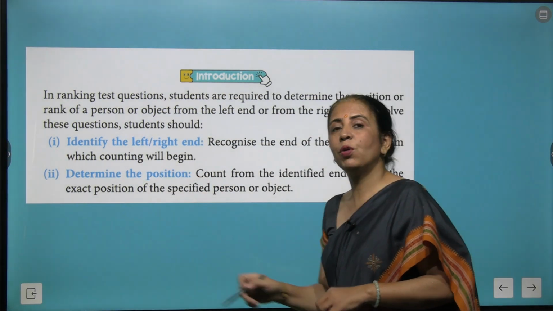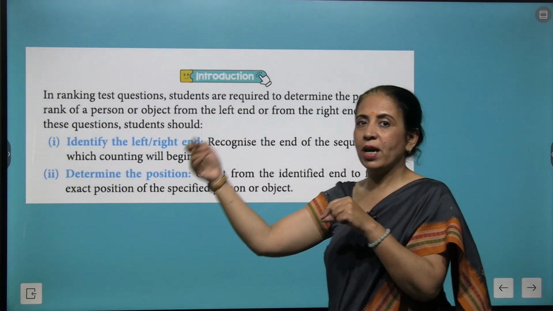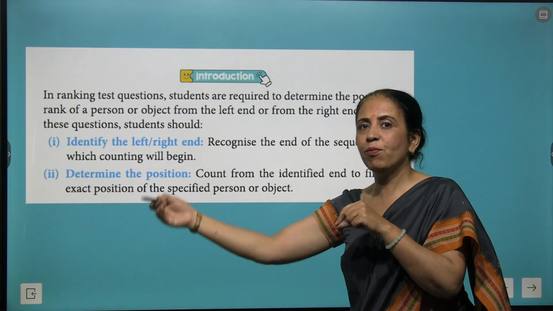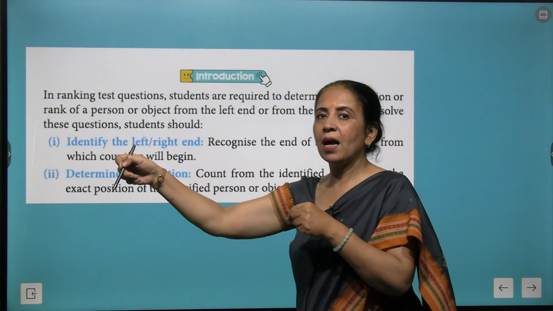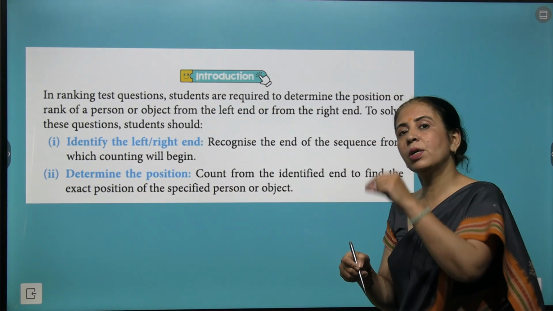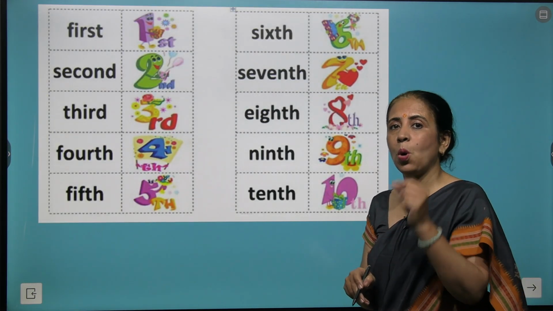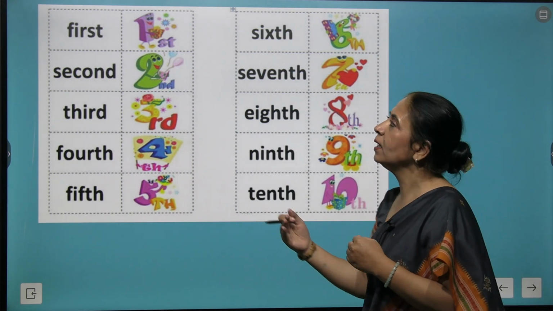And then you have to determine the position, because once you have checked which position you want to count from the leftmost or the rightmost, when you have identified the starting point, then your counting begins up to the required position. And these positions are not called as 1, 2, 3, but they are called with their original names.